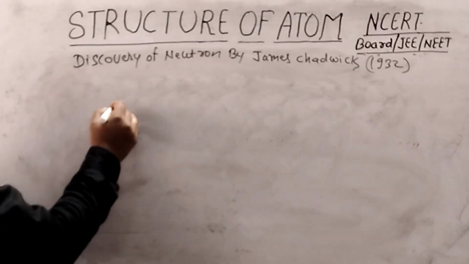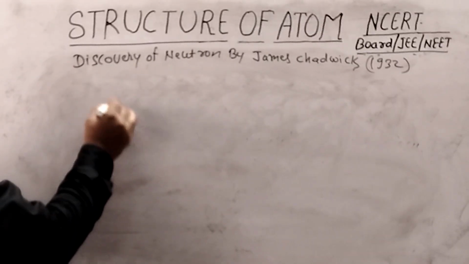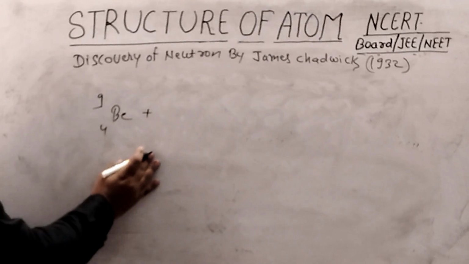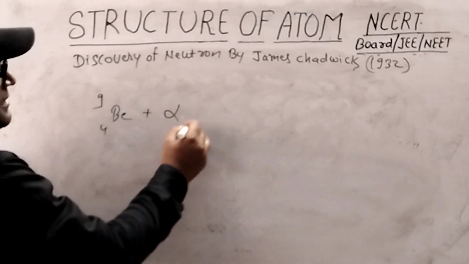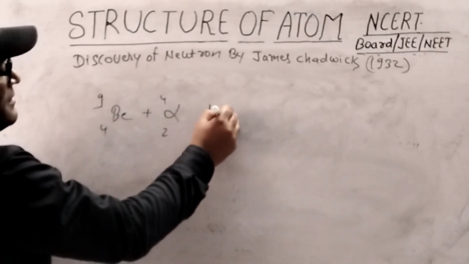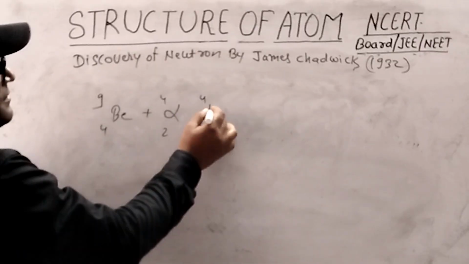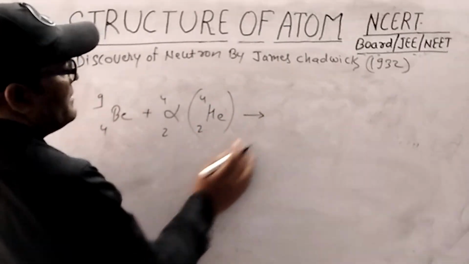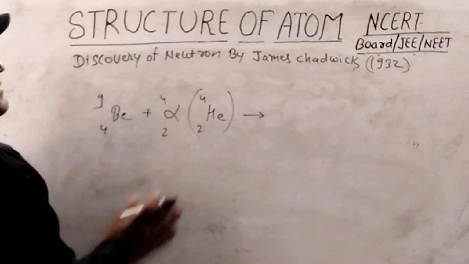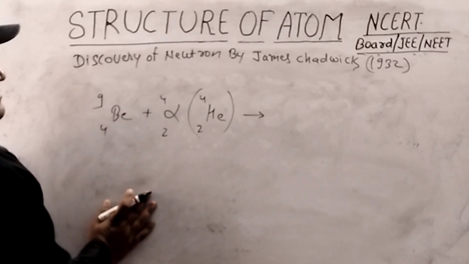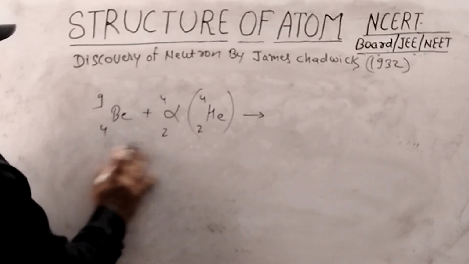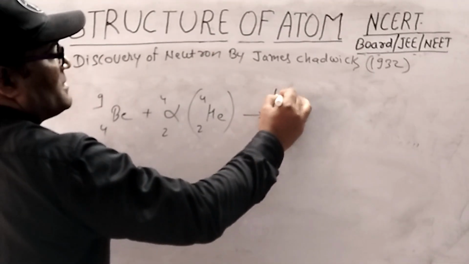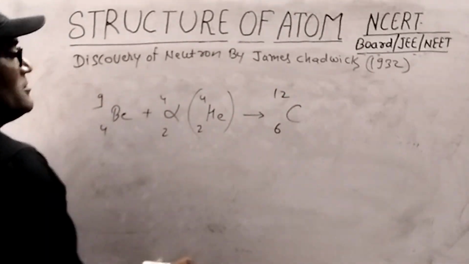According to James Chadwick, whenever beryllium reacts with an alpha particle, here the alpha particle is similar to helium in terms of its mass and charge, meaning the number of protons. After the reaction, we get carbon, atomic number 6, atomic mass 12. So C12 carbon is obtained.